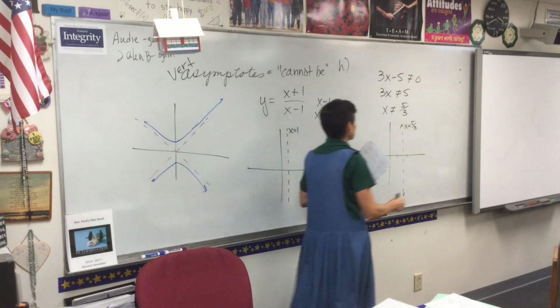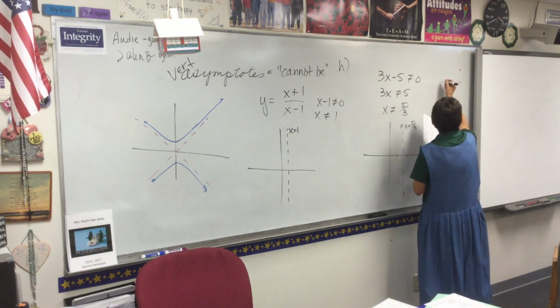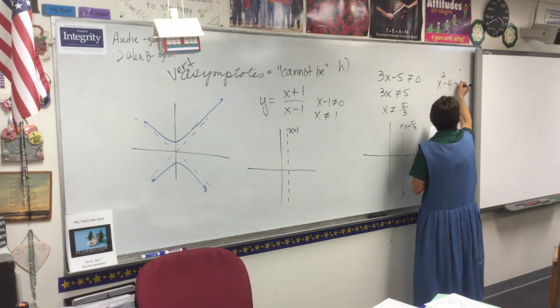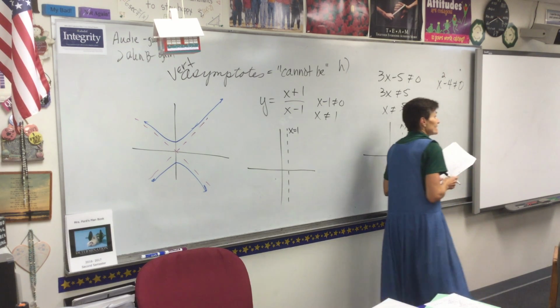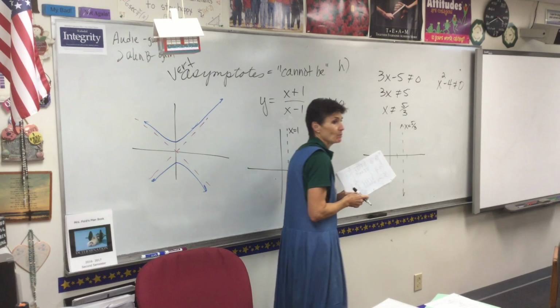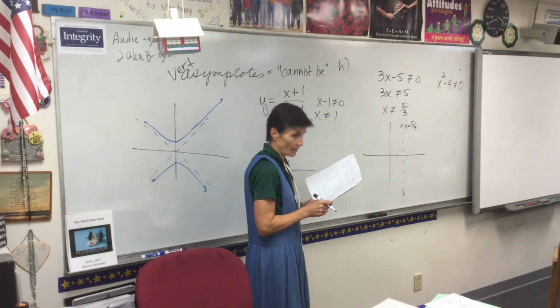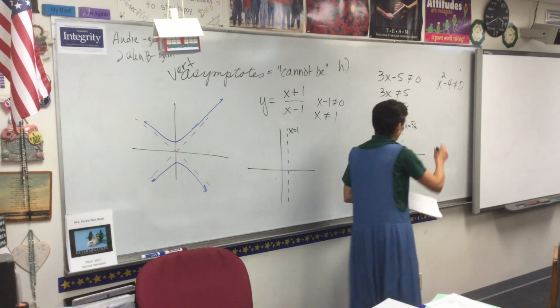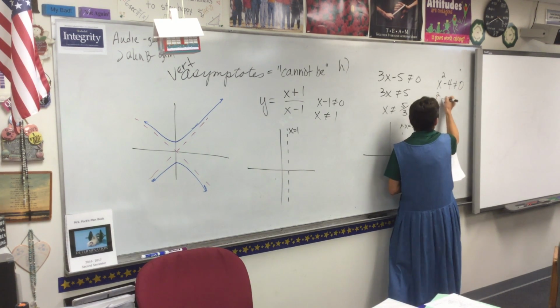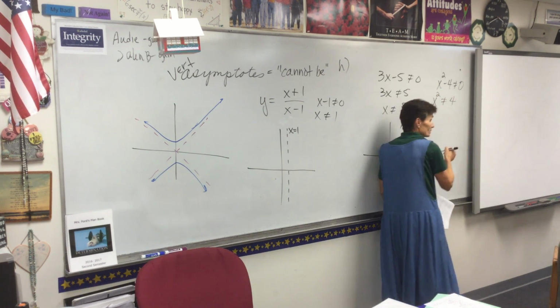All right, what about C? What's going on in C? The denominator cannot be 0. All right? Which means what? x squared cannot be 4.